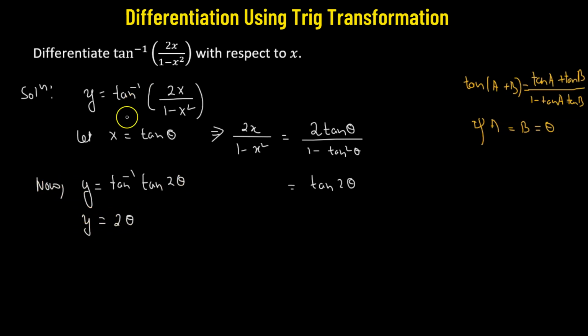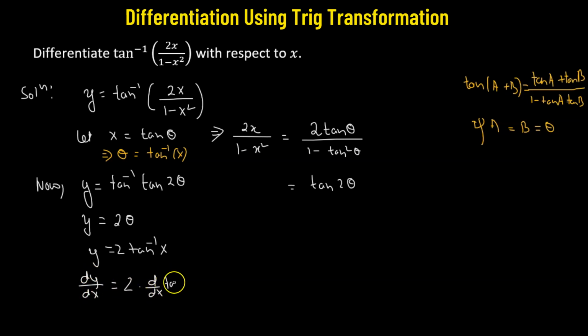So since we have considered x to be equal to tangent of theta, that implies theta will be equal to tangent inverse of x. As such, y will be equal to 2 times tangent inverse of x, and therefore when we take the derivative of y with respect to x, that's the same as taking 2 times the derivative with respect to x of the inverse tangent function.